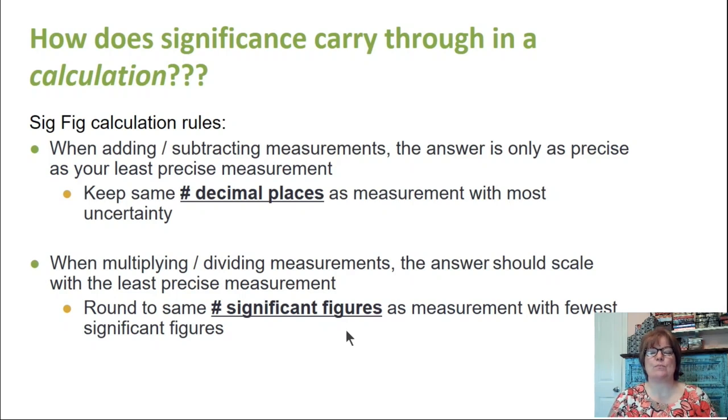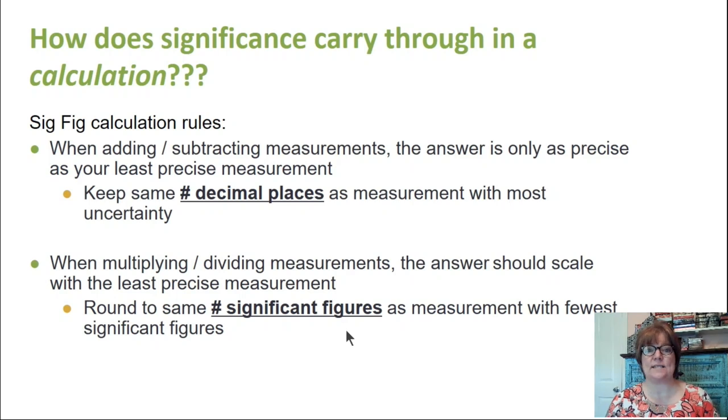So remember, the precision in a measurement is determined by that place value. If I'm adding or subtracting, it's about place value. So I want to find the location of the uncertain digit and keep track of that. And that's where it's going to determine my rounding rules. If I'm multiplying and dividing, of course, multiplying and dividing makes numbers get bigger and smaller, and so place value is not as useful.